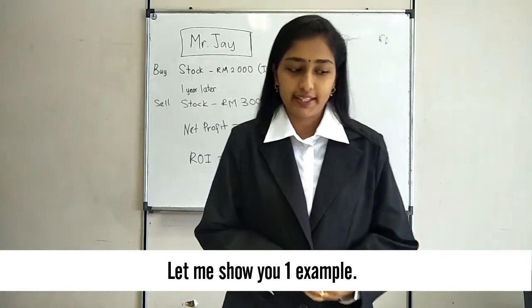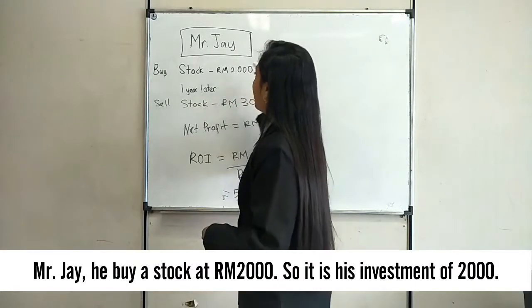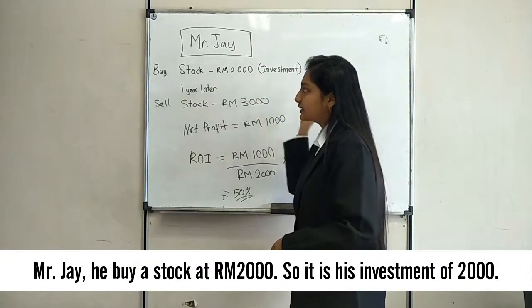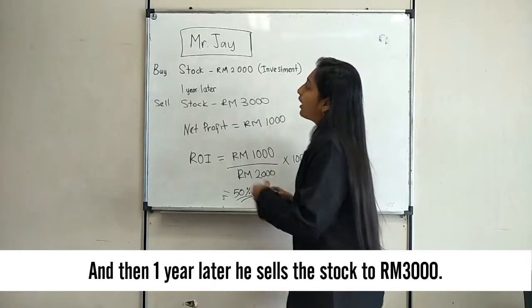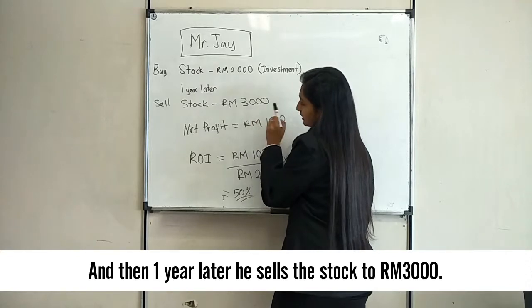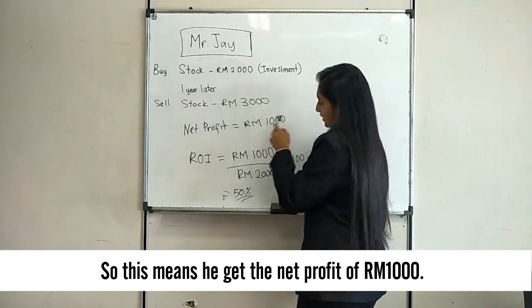Okay, let me show you one example. Mr. J buys a stock at RM 2000. So his investment is 2000, and then 1 year later he sells the stock for 3000 ringgit. This means he gets a net profit of 1000 ringgit.